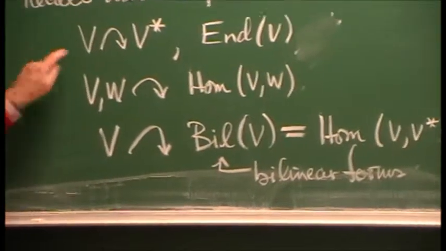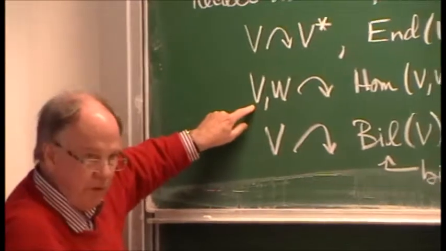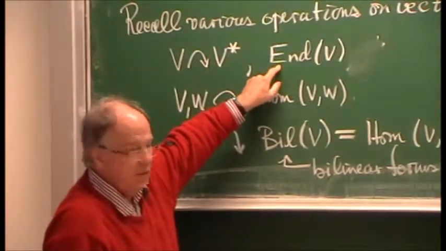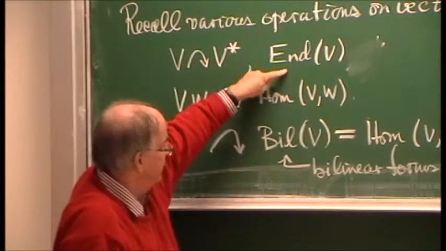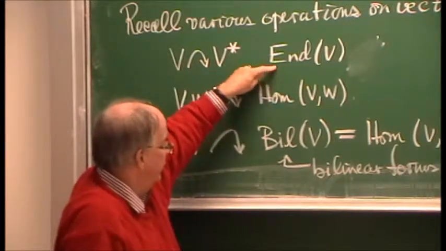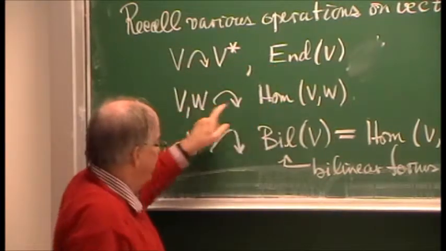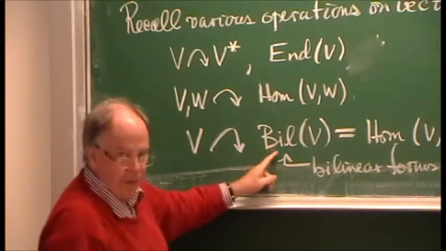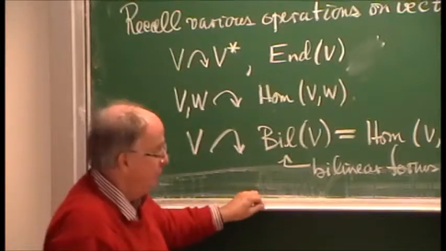These are examples of starting with a vector space or two vector spaces, how you derive other very relevant vector spaces. The endomorphisms, the linear mappings of V to itself, the maps from V to W, the linear mappings, we call it Hom, and an example of bilinear form.